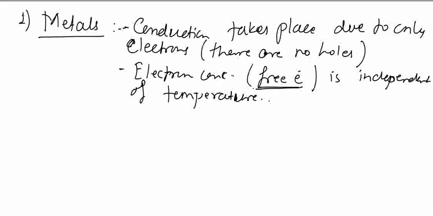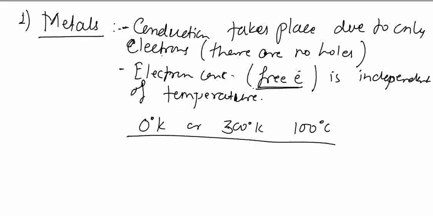There is no bond breaking process in case of metals. So the electron concentration will be the same at 0 degrees Kelvin, at room temperature, or at 100 degrees Celsius. At all temperatures the electron concentration will be the same.